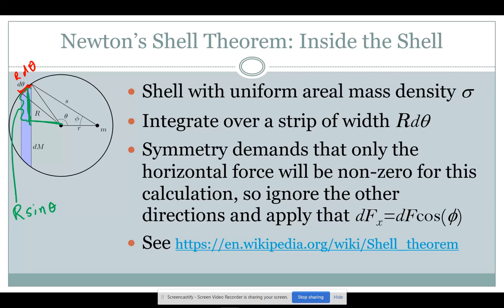So if I go around the circle of that radius, the length of that, therefore, those three dots mean therefore, the length for that strip is equal to 2 pi times R sine theta.